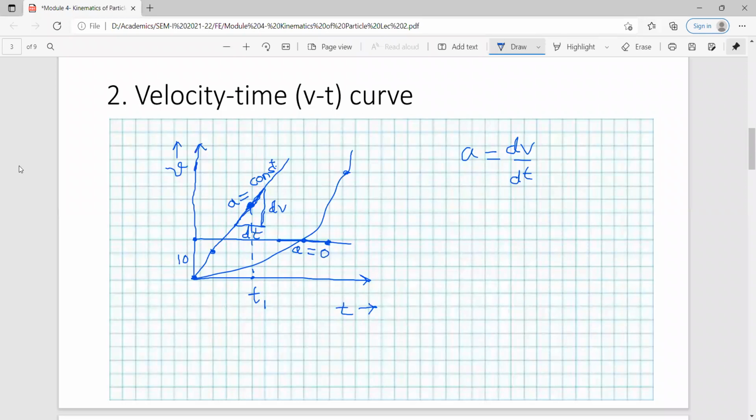Okay, one more thing can be added here. The area under the velocity time curve gives you the change in position of the particle. For example, suppose I draw another graph.